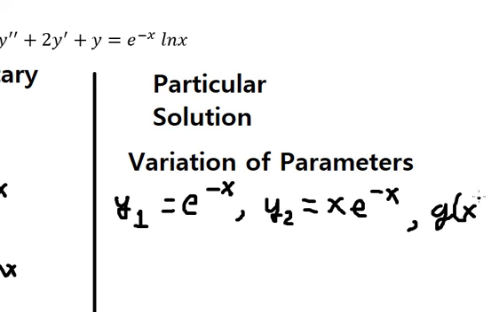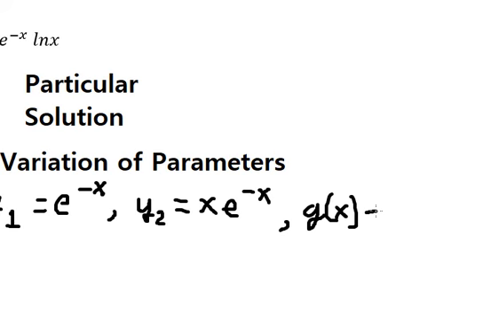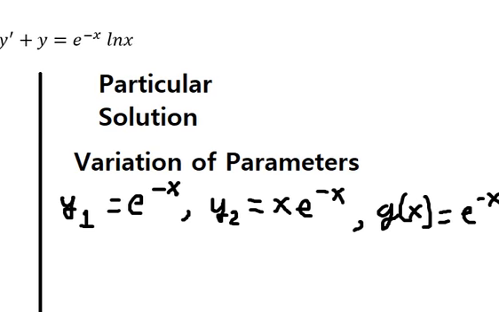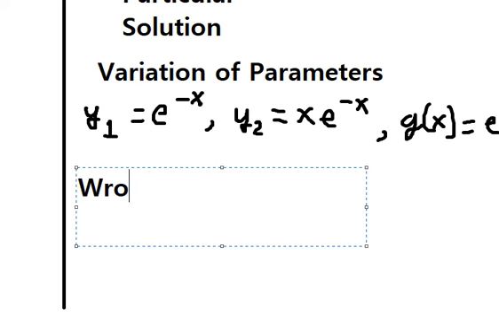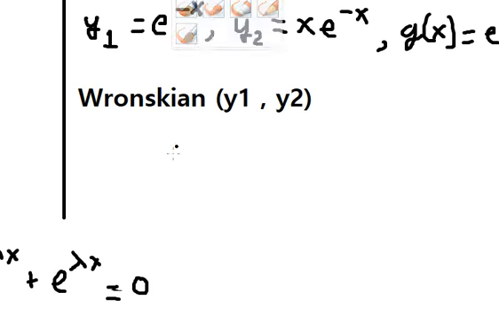Gs, that is about this one. Next, in this situation, I will use the Wronskian. So that should be y number 1 and y number 2 in here. So we put like this.